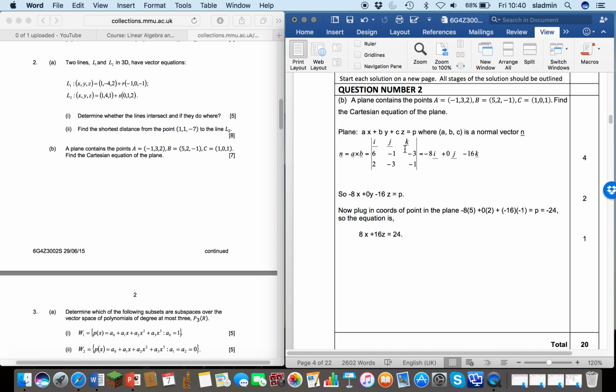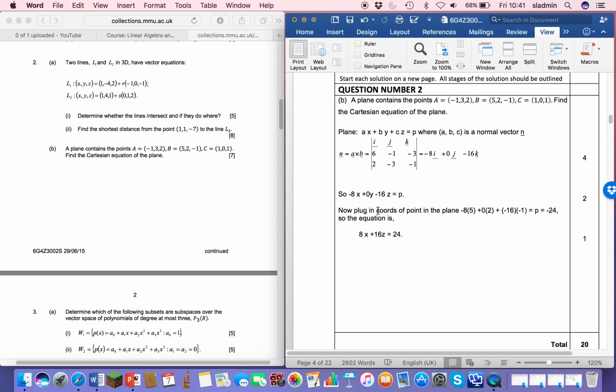And finally for the k, we have minus 18 plus 2, and minus 18 plus 2 gives us minus 16. So this is our normal vector to the plane. Now these coefficients here are the coefficients of the x, y and z in the plane. So therefore the equation of the plane is minus 8x plus no y minus 16z equals some constant which we'll label as p.